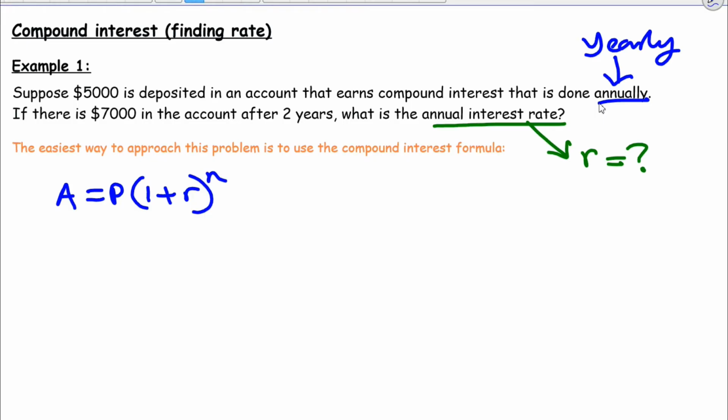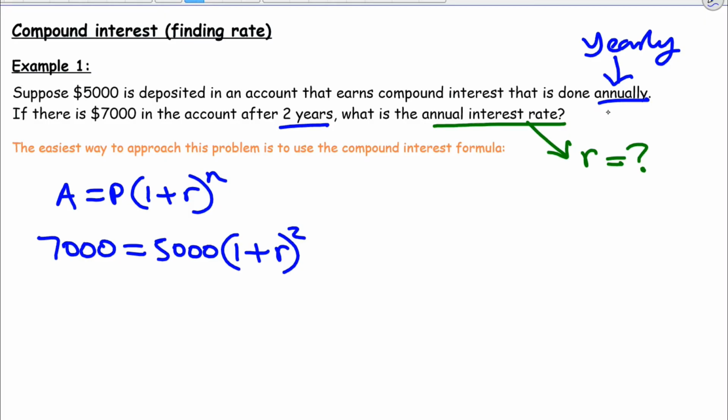So that is $7,000. And P represents the original amount that was invested or deposited, which is $5,000. 1 plus R to power N, and N here is 2 years. Okay? So what we need to do is to find R.